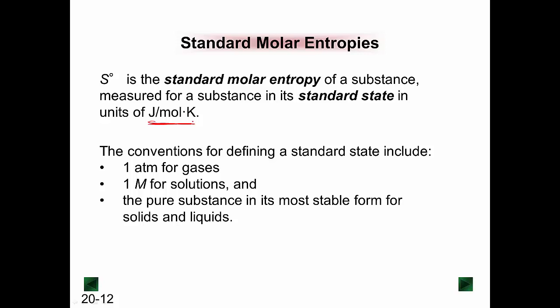Now the convention for defining standard state includes, for gases, 1 atmosphere, and for a solution, 1 molar. And the convention for the standard state is that the pure substance will be in its most stable form for solids and liquids under these conditions.